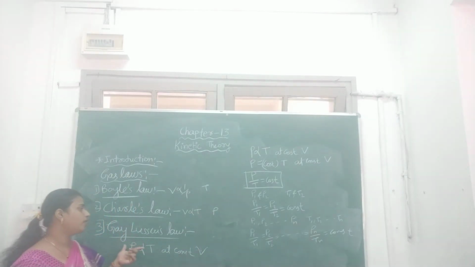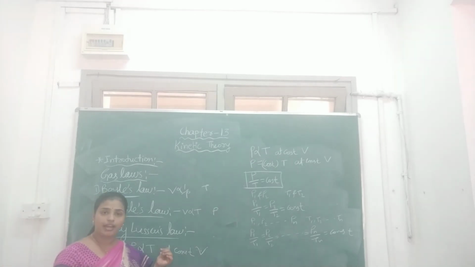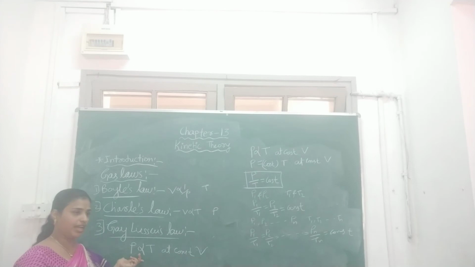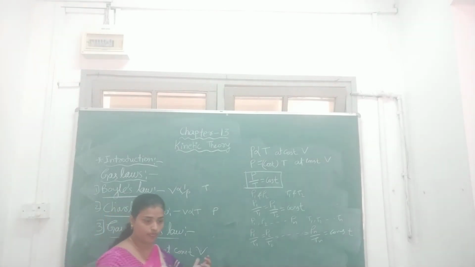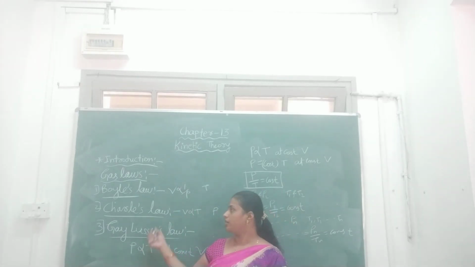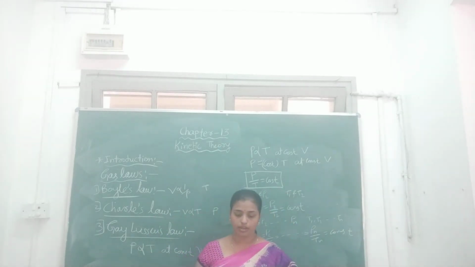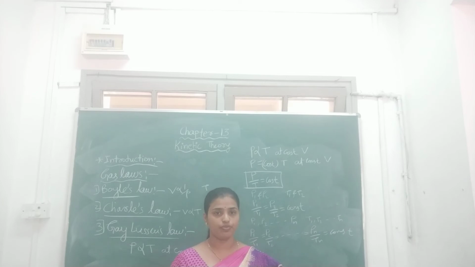And the Gay-Lussac law is that the pressure of a given mass of a gas is directly proportional to temperature at constant volume. So these are the three gas laws, and after that we'll see the perfect gas or ideal gas equation.